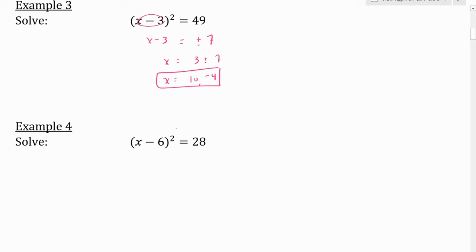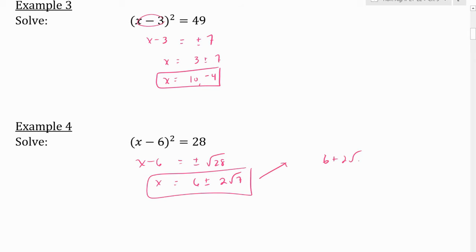Same thing here. What do I square to get 28? Well, whatever that number is that I'm squaring is either positive or negative. The square root of 28. Add the 6 to both sides. 28 is 4 times 7. Square root of 4 is 2. And then I just stop right there. Because what that means is it's either 6 plus 2 root 7 or it's 6 minus 2 root 7.